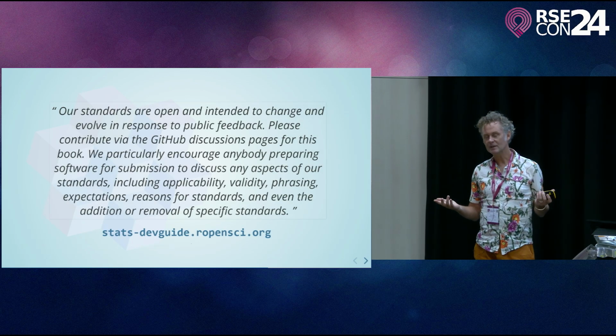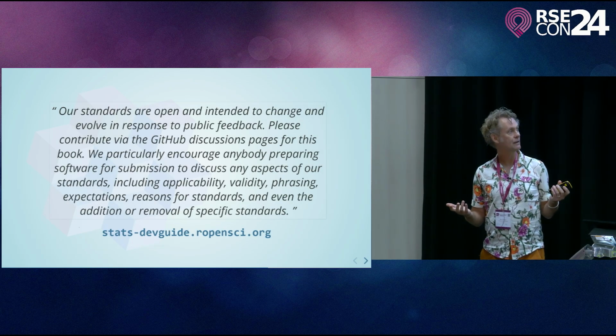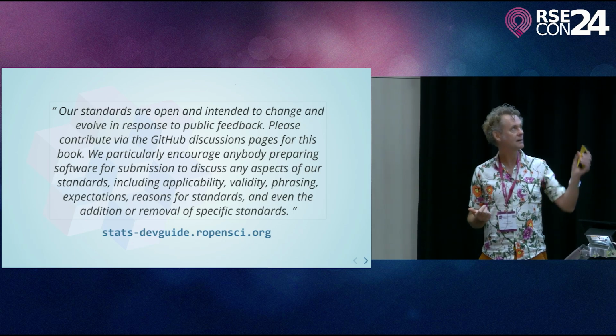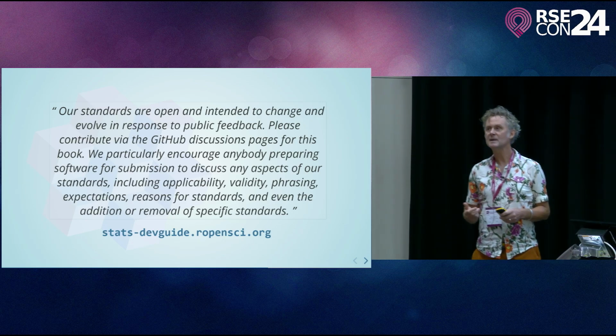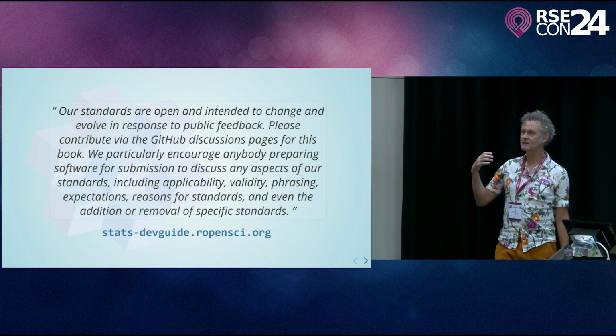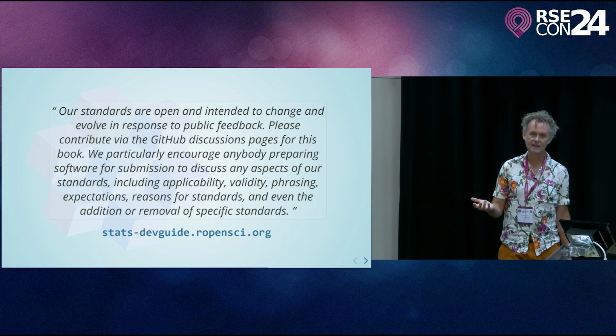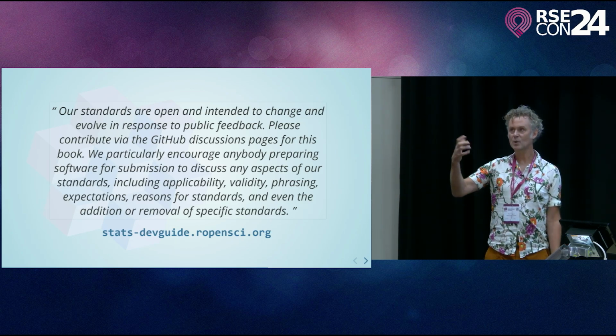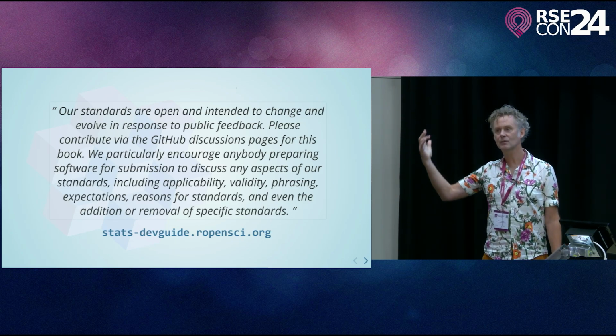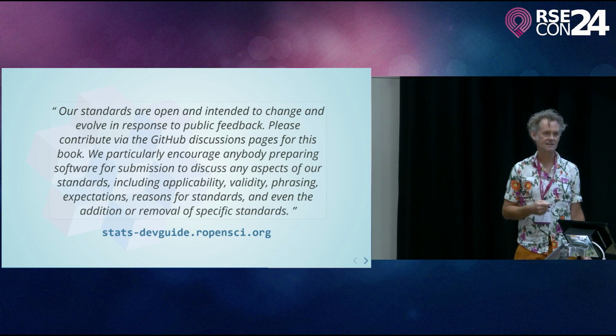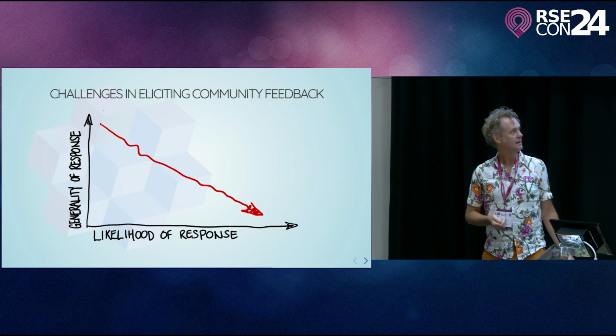Broadcast requests are, for example, what we have at the outset of our statistical dev guide here. I won't read the text there, but that's basically a plea for anybody at all to give us feedback at any stage about improving any of the standards. So these kinds of broadcast messages permeate a lot of our materials to do with this statistical software program.